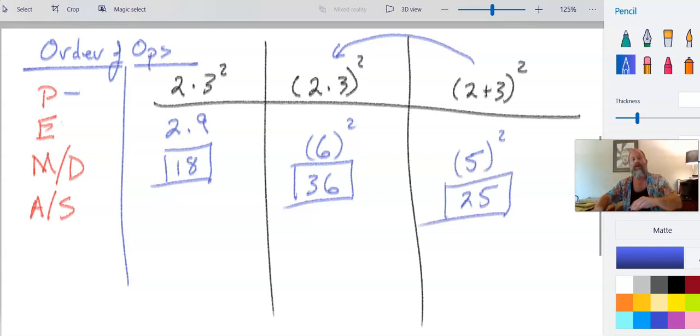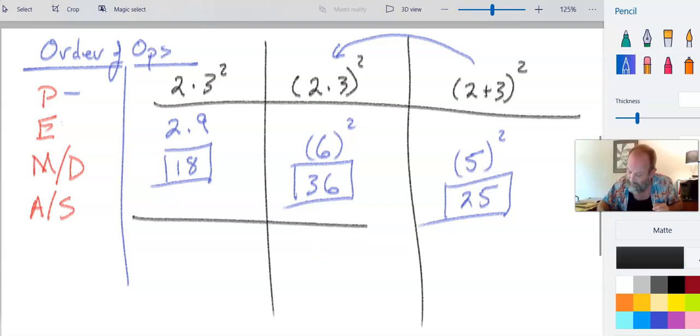Now, you notice I put parentheses on here. I could have just as easily written 6 squared. The reason I do that is because it's a good habit to get into of just using those parentheses whether you need them or not. Because what happens sometimes are things like this. Let's go ahead and just look at another problem here.